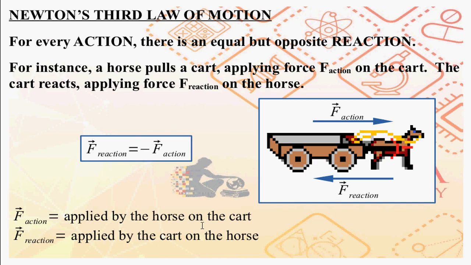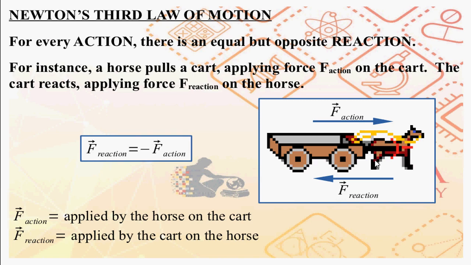Note that F reaction is equal to negative F action. They will not cancel out, however. For instance, say you order the horse to pull the cart to move forward.